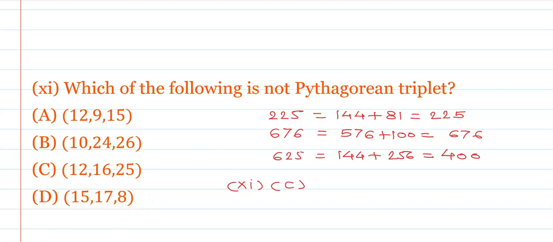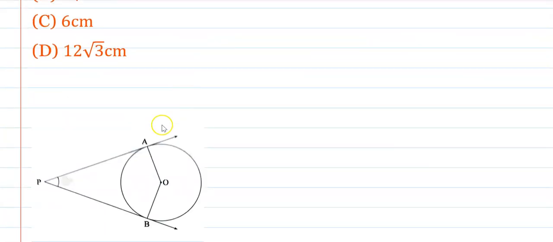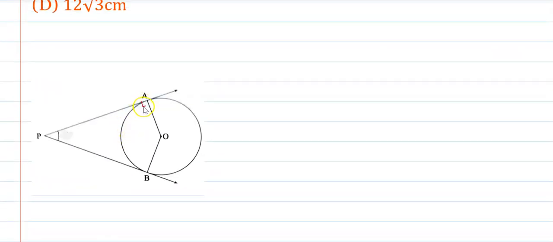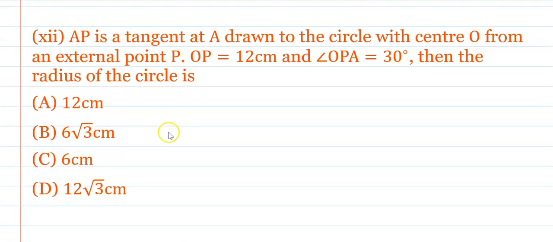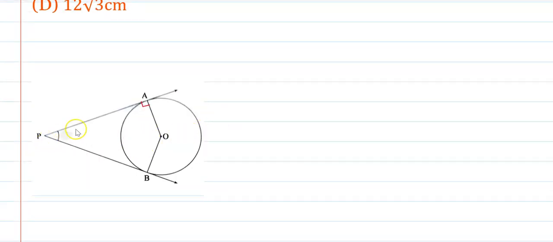Next, AP is the tangent at A drawn to a circle with center O from an external point P. OP is equal to 12 centimeter, and the measure of angle OPA is equal to 30 degrees. Then the radius of the circle is... okay, now see this figure. AP is the tangent, so it makes an angle of 90 degrees.